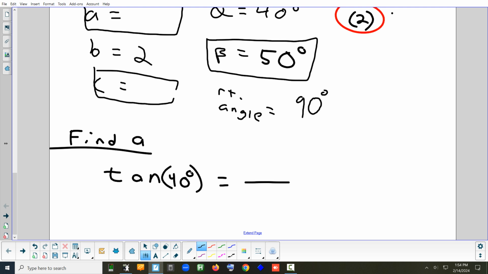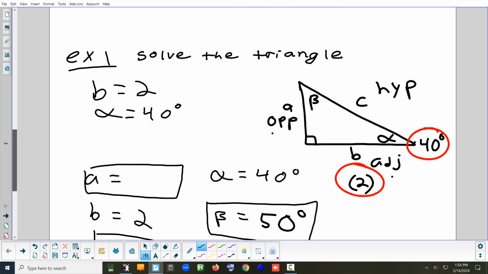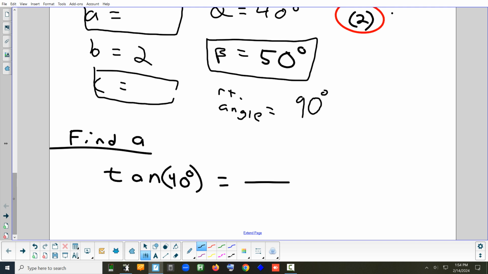Opposite divided by adjacent. What side is opposite 40 here? Side A. What side is adjacent? The 2. So opposite is A, adjacent is 2. Opposite over adjacent. That's the equation that you have to set up.